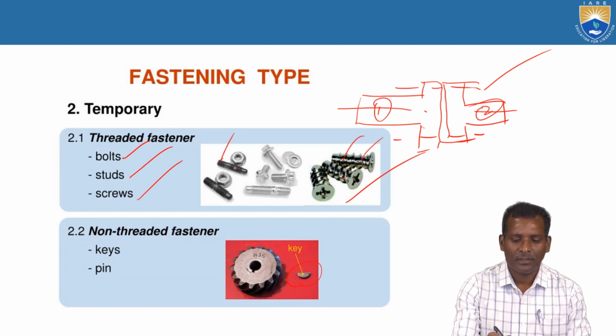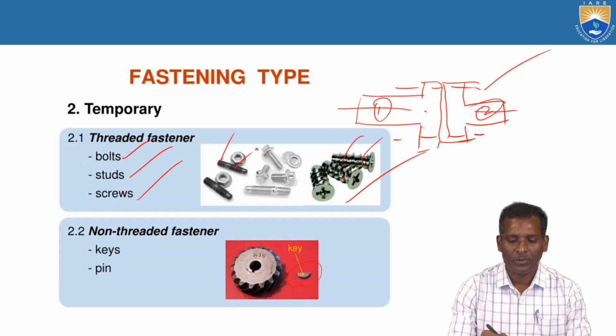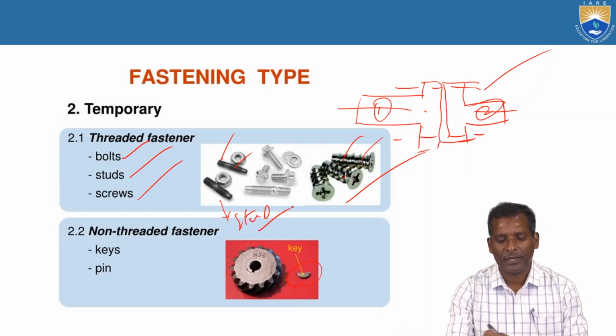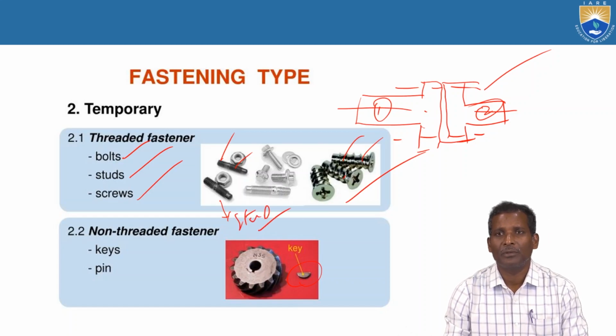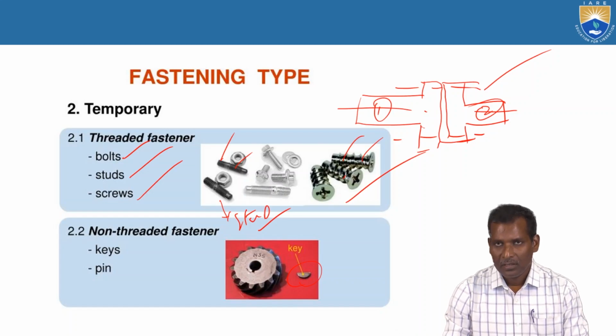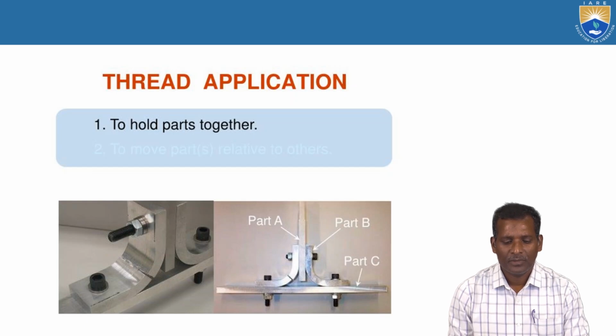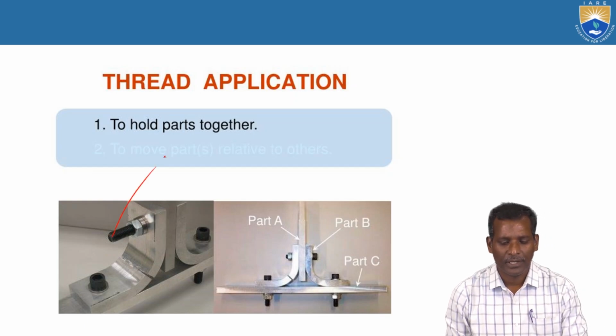Here also you can find threads. This part is a stud, with a threaded portion available on both sides. These threads are used to hold the parts together, as shown in this figure.